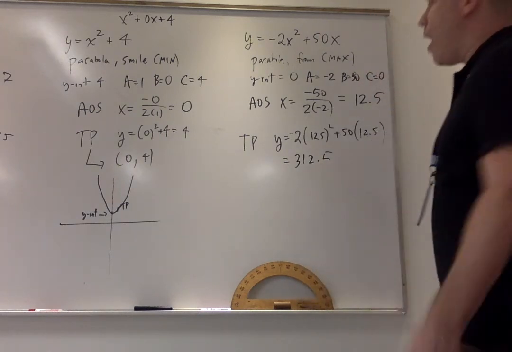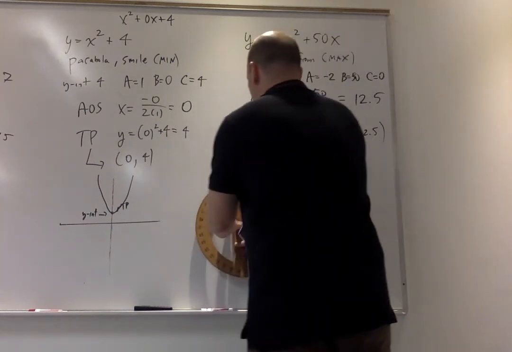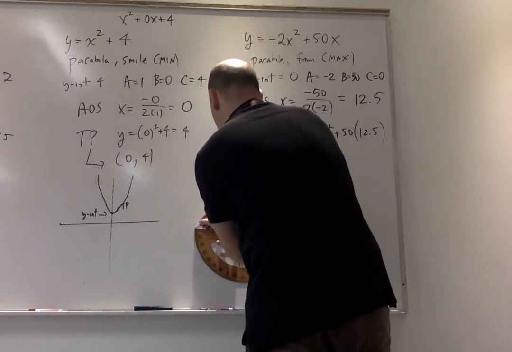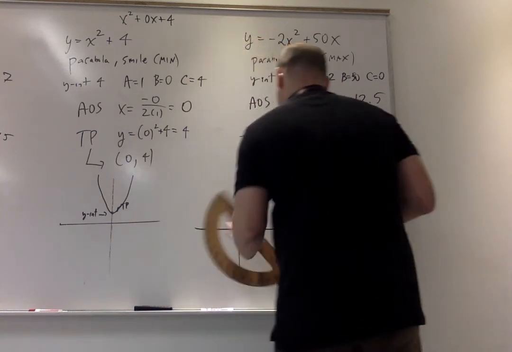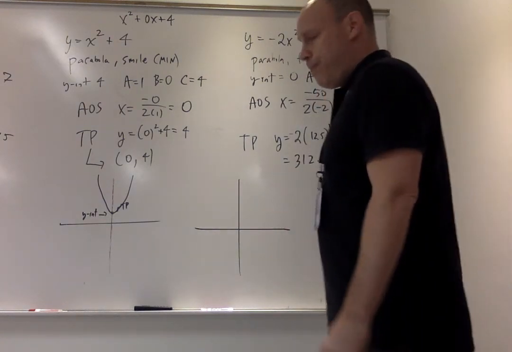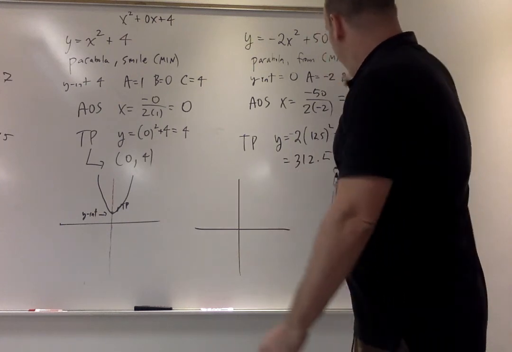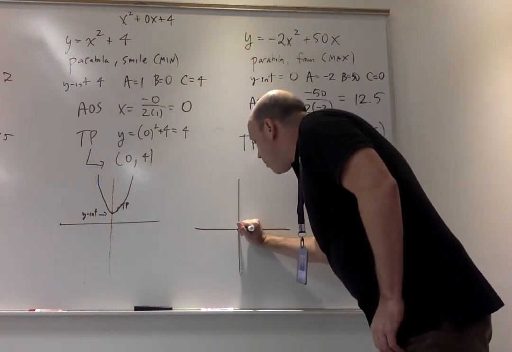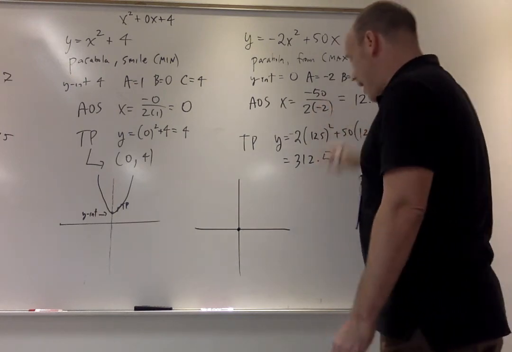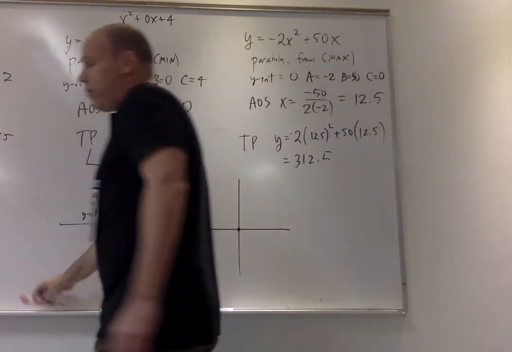Let's make the sketch now. I'm going to do it over here. Can you see that on the screen? We're going to plot the y-intercept, which is at 0, 0.